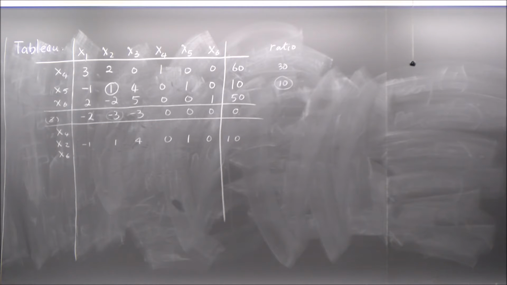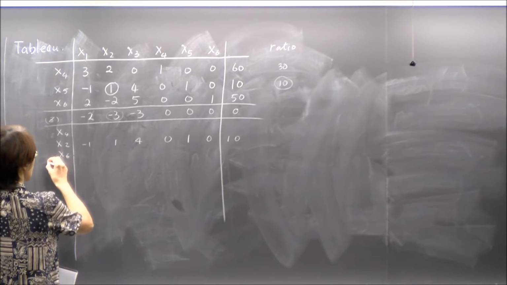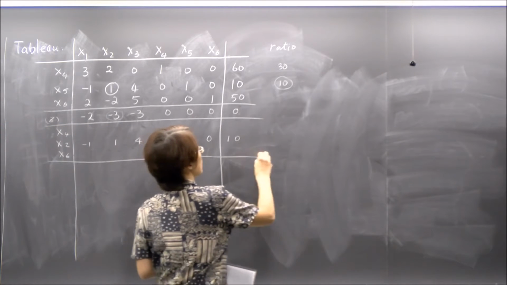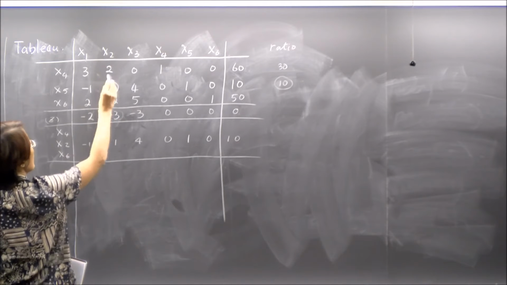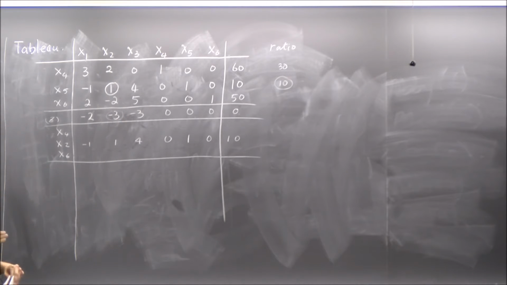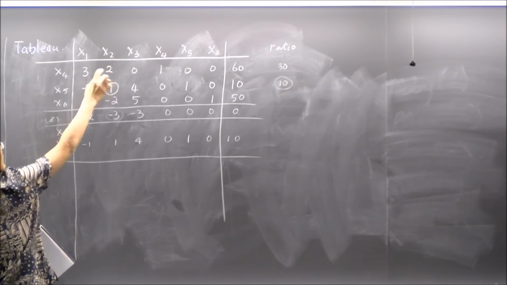That row I just copy. It's ready, right? And in all the other rows, so let me draw a line here, I will have to make all these 0. They had to be 0, they had to be 0, they had to be 0 by this process.